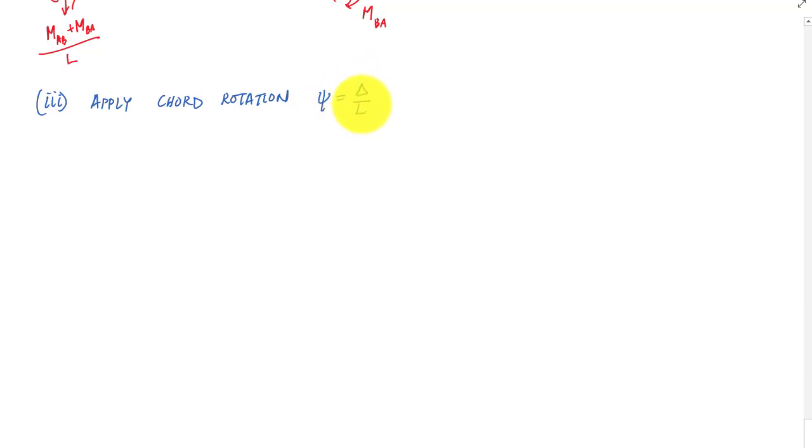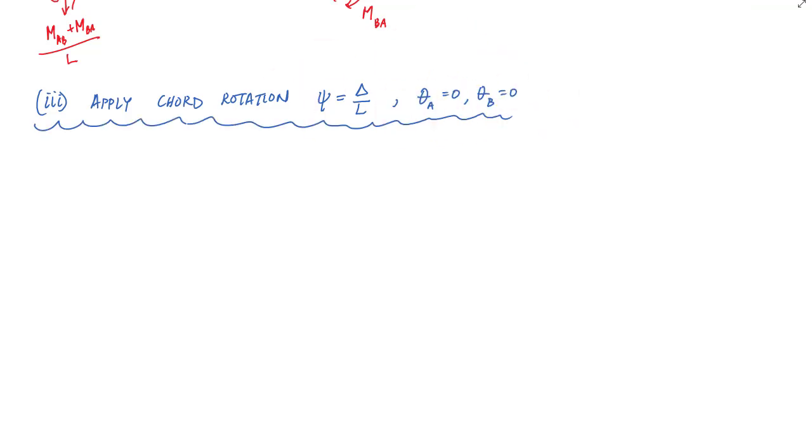And that means either end A goes up or end B moves down in this chord rotation. And we have to have the slope at A equal to 0 and the slope at B equal to 0. These constraints I can model as a fixed beam, with a chord rotation that is clockwise, which means that either end A goes up or end B goes down.